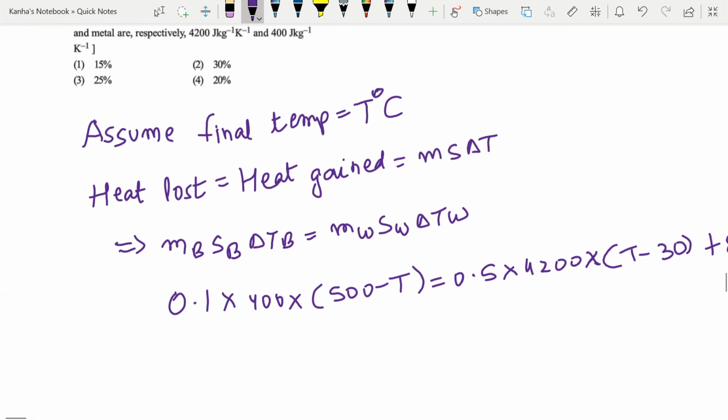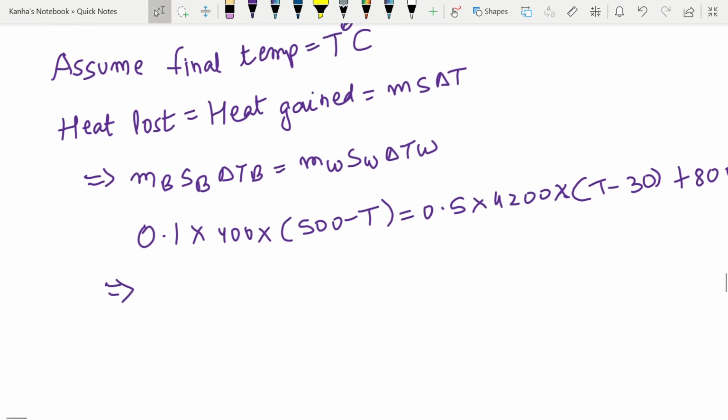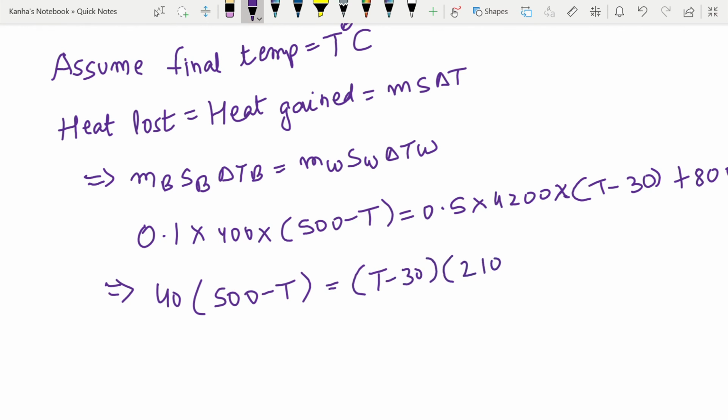I can simply write this as 40 into 500 minus t is equal to t minus 30 into 2100 plus 800.